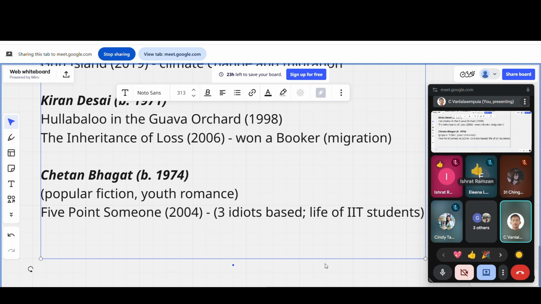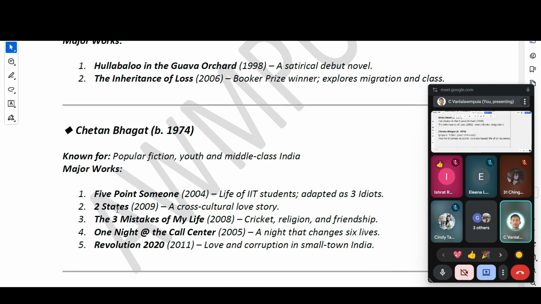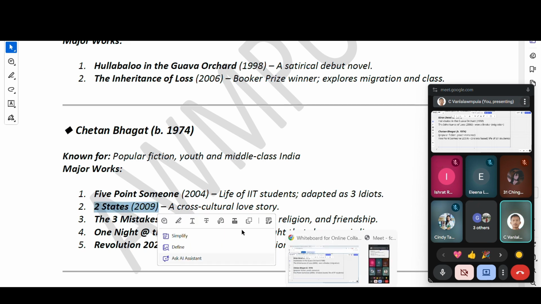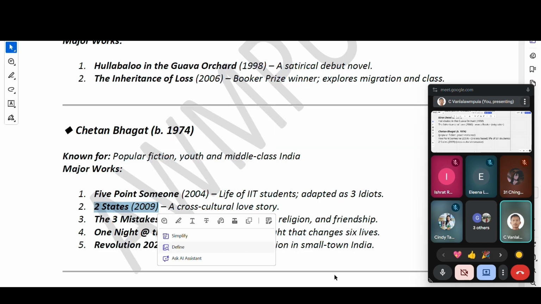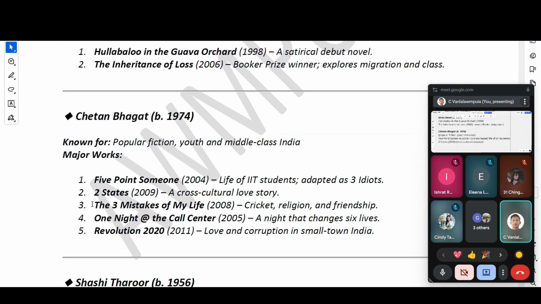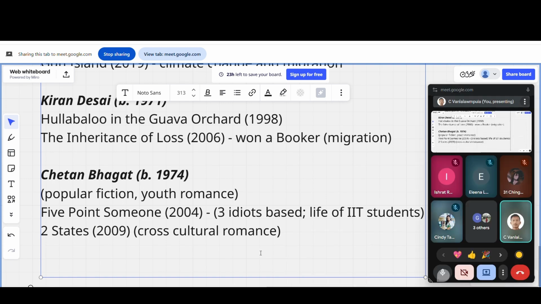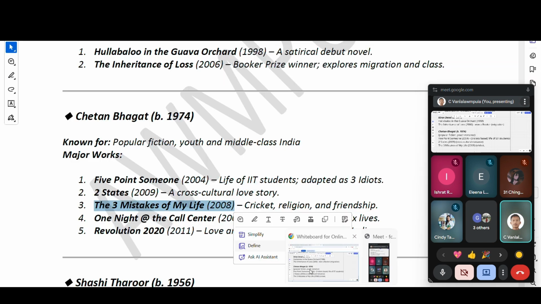Two States talks about cross-cultural romance. The Three Mistakes of My Life is about cricket, religion and friendship.